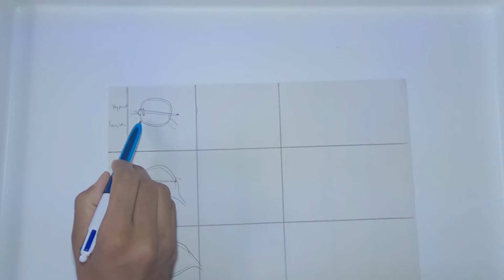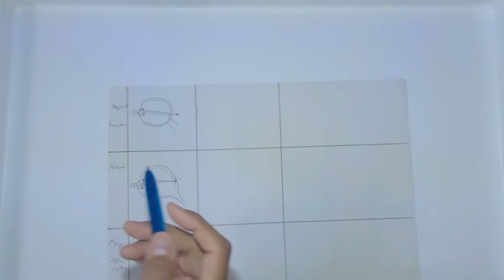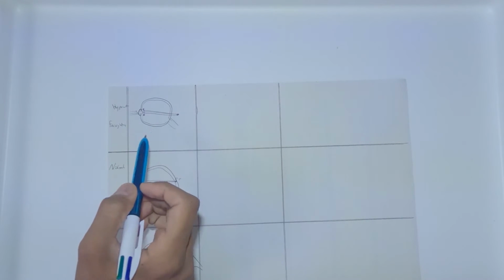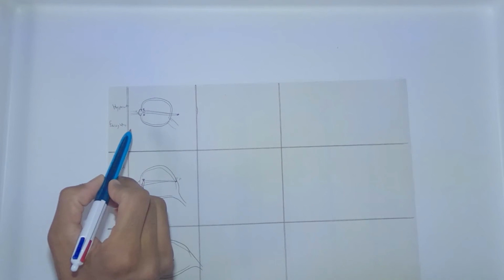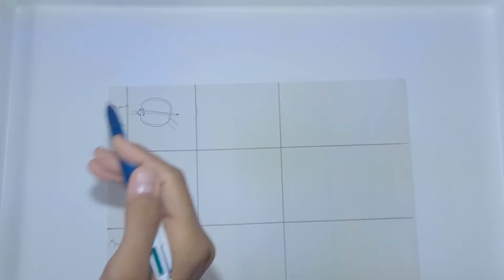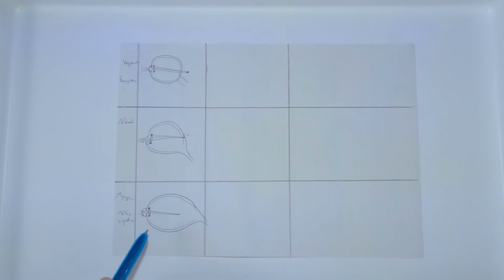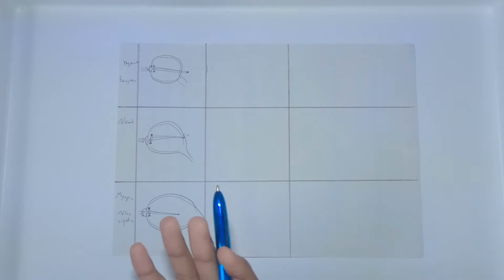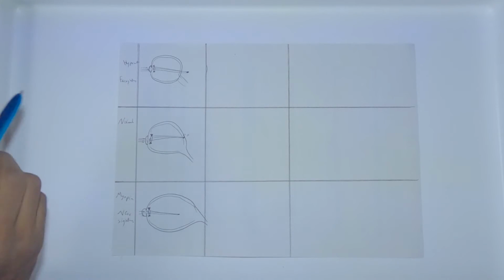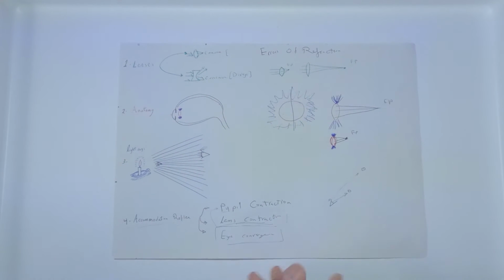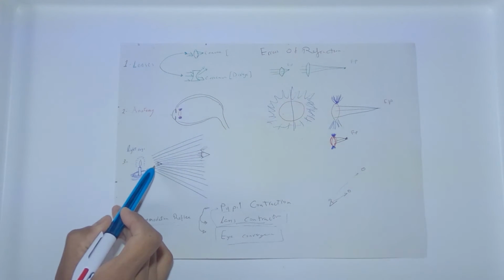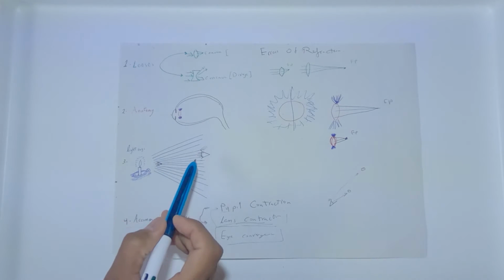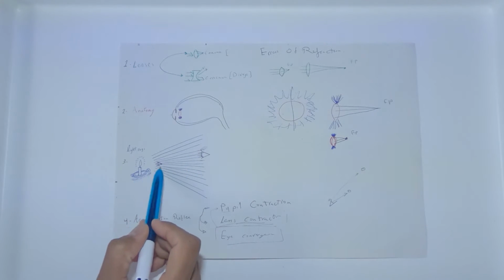He needs to hold the object further away so that he can see. Why does the patient here want to put the object further, and why does the patient here want the object to be closer? Remember when we said that light rays, if you're closer to the object, they are divergent, but if you're further away, they're more parallel.